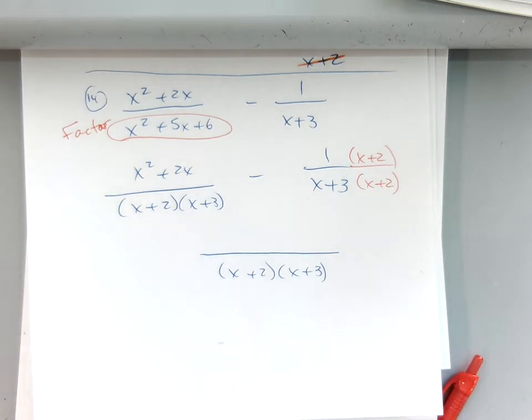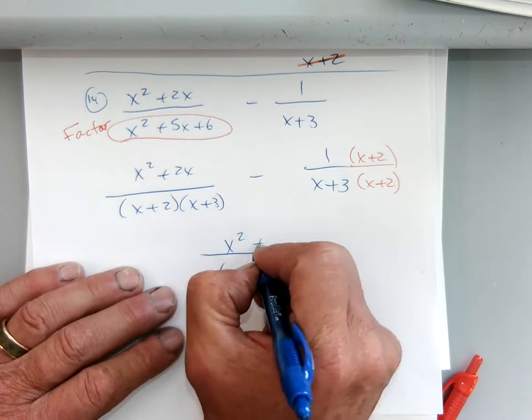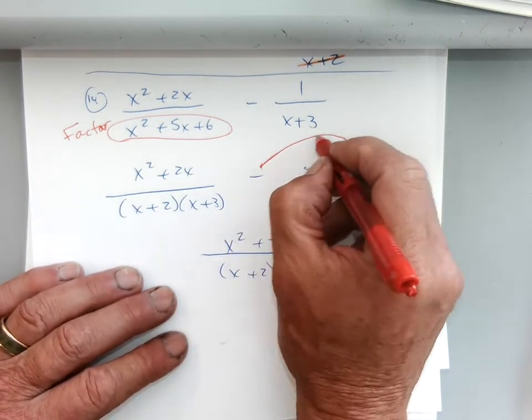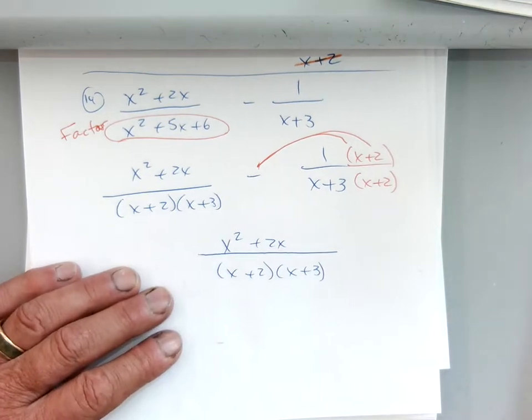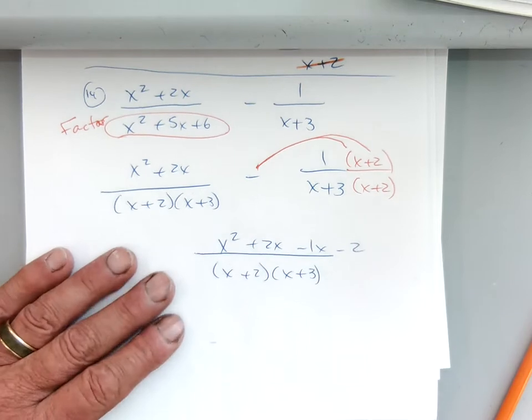simplify my numerator, okay? So my numerator is going to be x squared plus 2x, and then I'm going to go negative 1 times x and negative 1 times 2, which is going to be a negative 1x minus 2, okay?